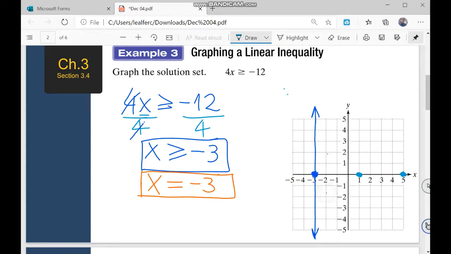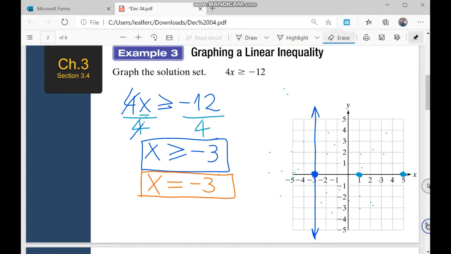So any point that you select on the right hand side of the line, the answer is going to be yes. And any point that you select on the left hand side, if you try on the inequality, the answer is going to be no, like let's say negative 5. Is negative 5 greater or equal to negative 3? No.